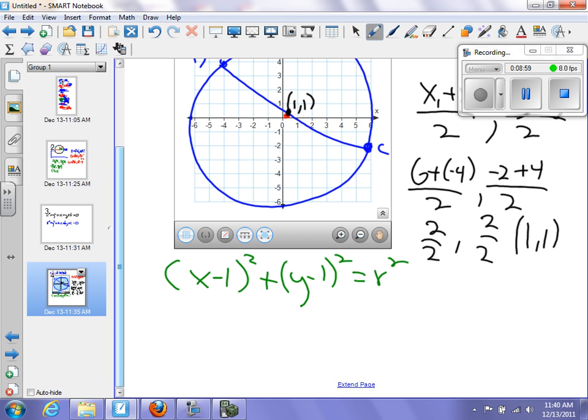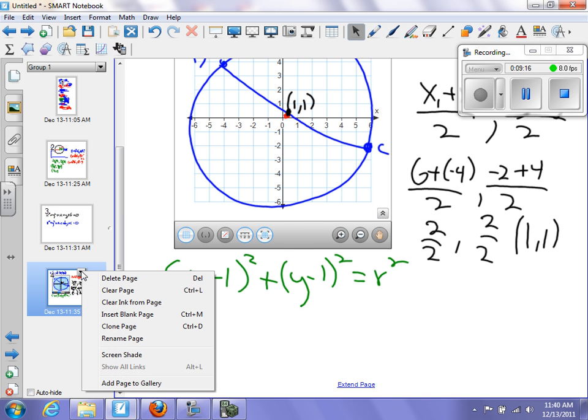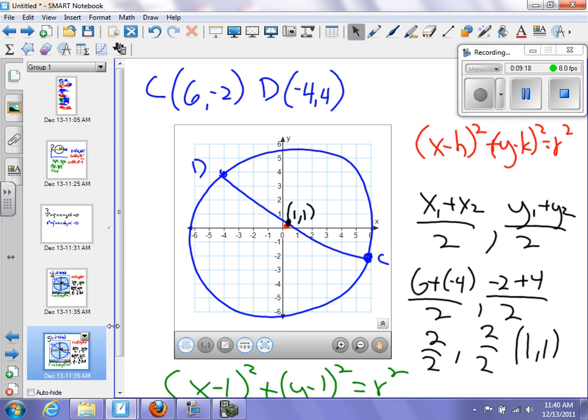Here I need to use the distance formula. I need to know the distance from 1, 1 to either point C or point D. If I know the distance from 1, 1 to point C or point D, then I'll know what my radius is. Let's clone this page. Now I can go back up to the top and erase my midpoint stuff.